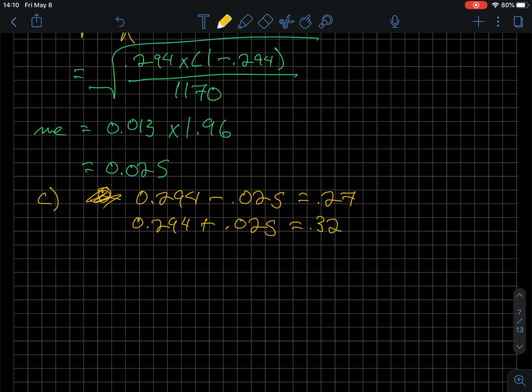So basically the CI is equal to 0.27 to 0.32. Put our brackets around that, and we're moving on.